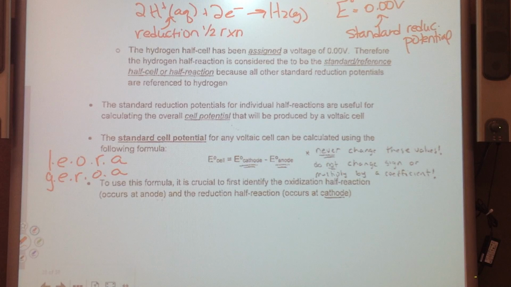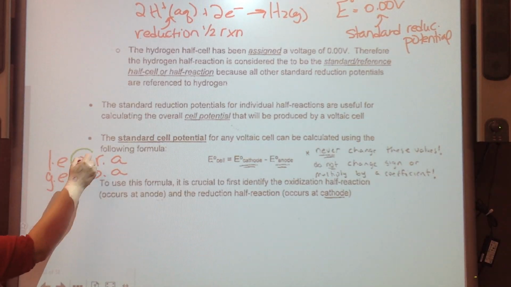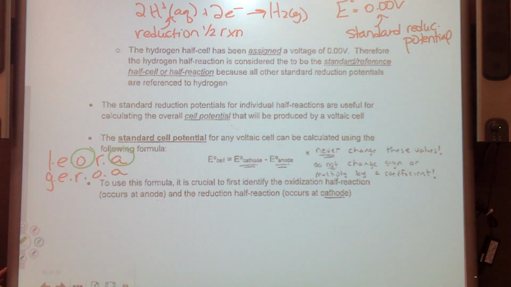So, oxidation occurs at the anode and reduction occurs at the cathode. That never changes for a voltaic cell. Okay, and the trick that I use is oxidation occurs at the anode. That's the only one that works that way, but that's a trick that I learned to remember that.